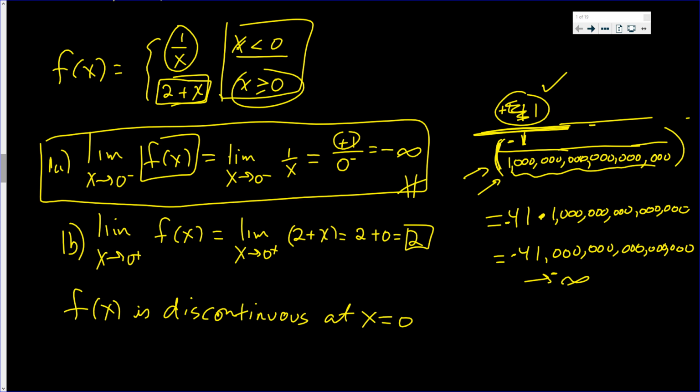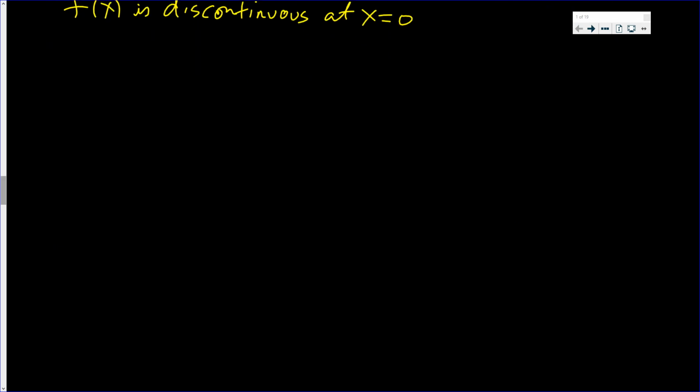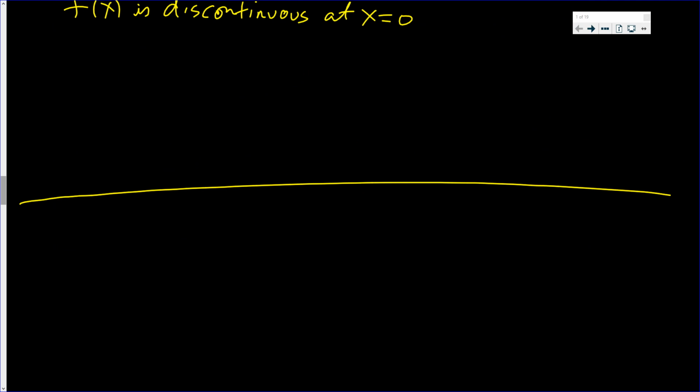Negative infinity is not a real number. But I just went one more step. Okay. Now, I'll give you some graphs, and we're going to decide which ones are continuous and which ones are not.